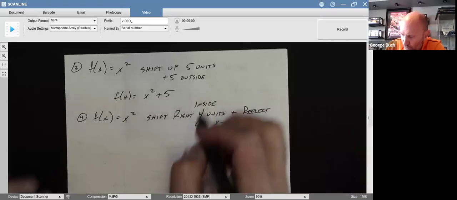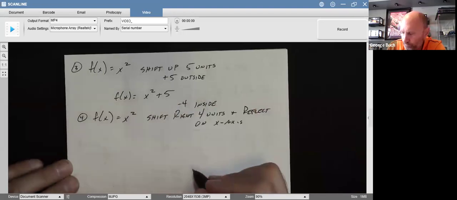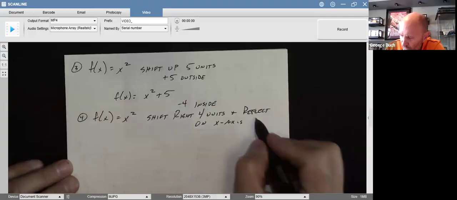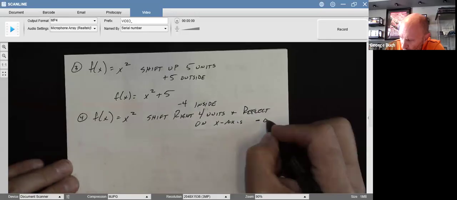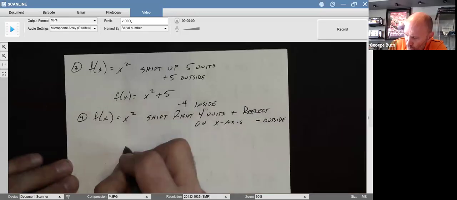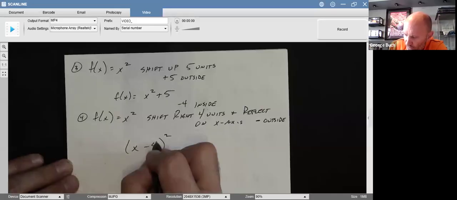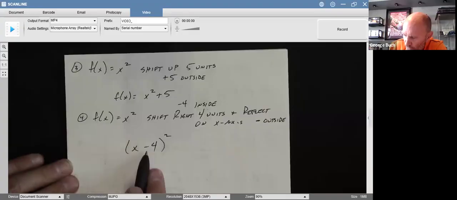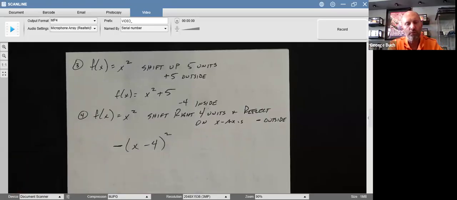So if I'm going right 4, that means I need a minus 4 inside. And if I'm reflecting on the x-axis, that's a negative outside. So I have the x squared function with a minus 4 inside. That tells me go right 4 units, but then it's reflected on the x-axis, so I need a minus sign in front. So that's what we would have for that guy.